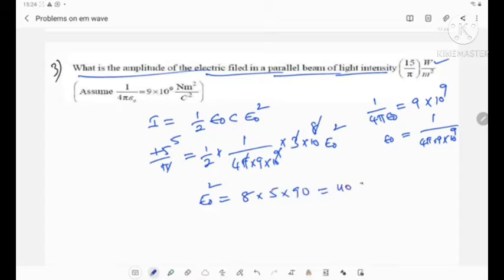This becomes 40 into 90. This becomes 3600. Therefore, E naught is equal to square root of 3600. This becomes 60 Newton per Coulomb.